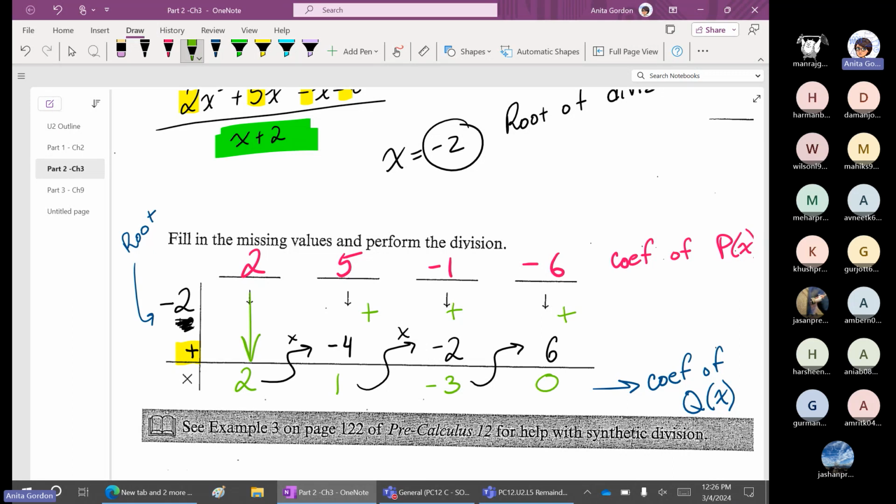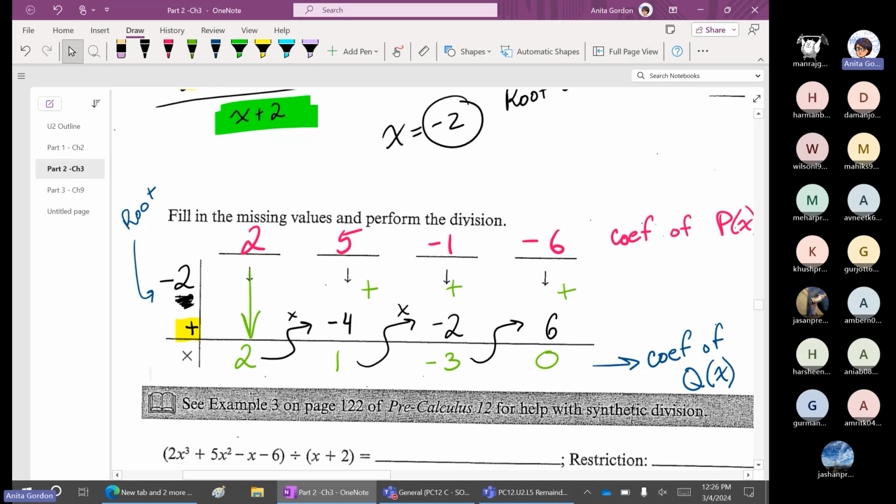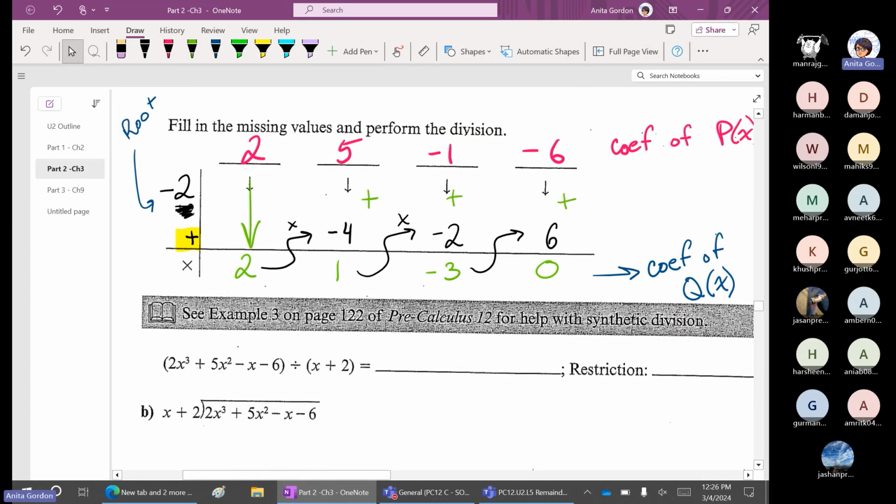Okay, so this is a lot quicker as long as you understand where it comes from, right? When we did long division, we multiplied these together on the side. The goal is to make the coefficient equal to 1, which is done here. So my quotient Q of x is going to be these coefficients, 1 degree down.